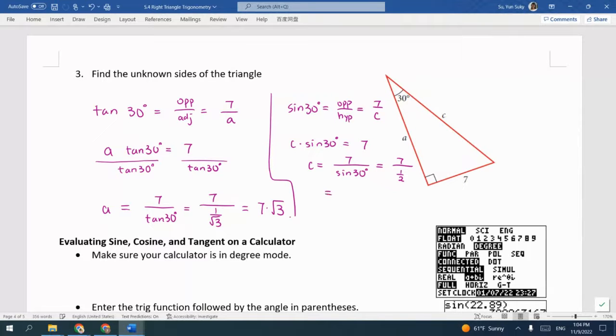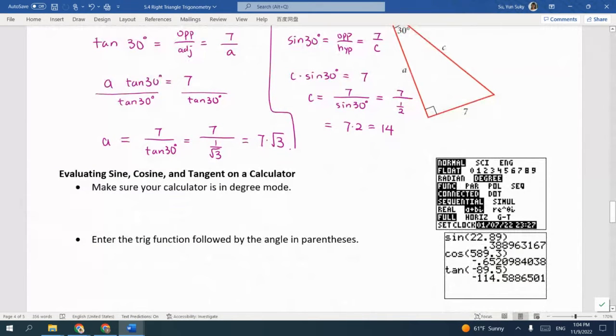Oh, do you see? 7 over 1/2 is the same as 7 times 2. Is that okay, everybody? When you divide by a number, it's the same as multiplying by its reciprocal. What's 7 times 2? 14. Yes. So we find A is 7 square root of 3, and C is 14. Right? Okay.